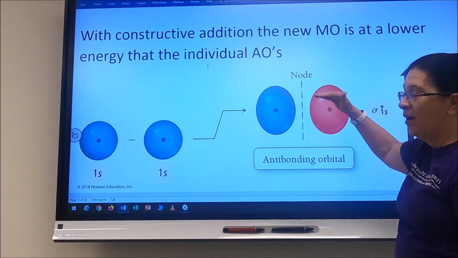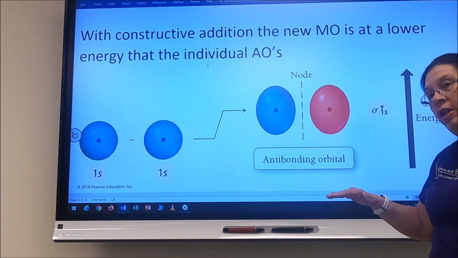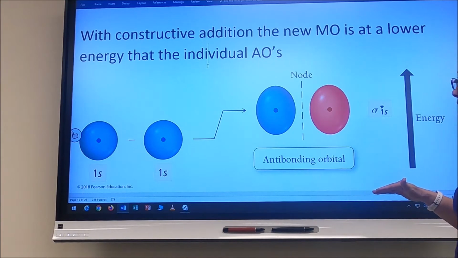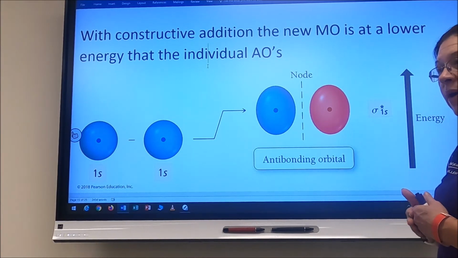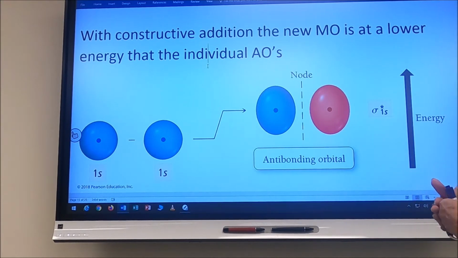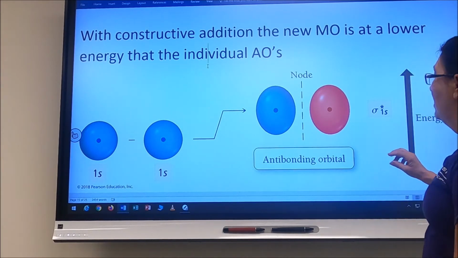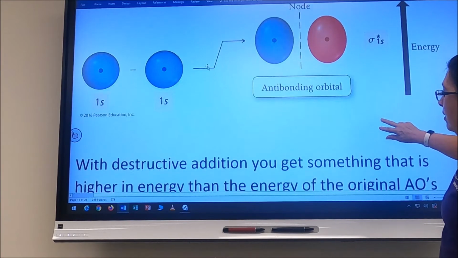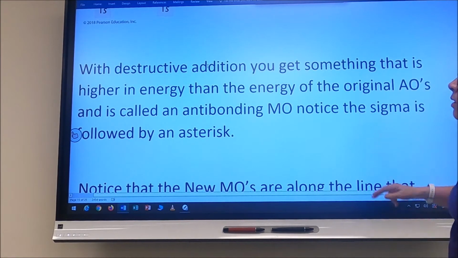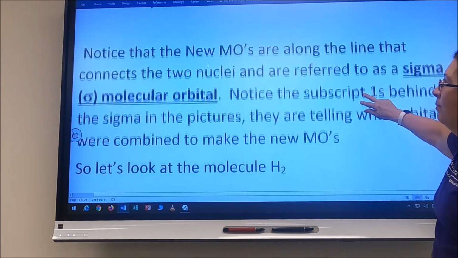Anti-bonding is always higher in energy than bonding. Remember, electrons want to go into the lowest energy position first. So when we overlap two atoms to bond and create molecular orbitals of bonding type and anti-bonding type, bonding is always lower in energy than anti-bonding. This destructive addition ends up with higher energy, and it's always going to have an asterisk.